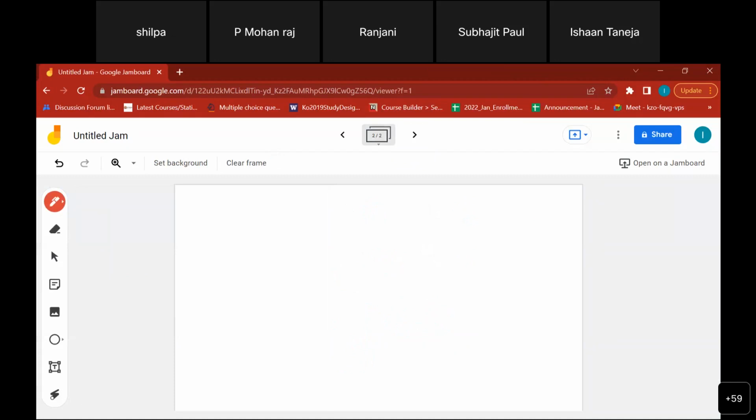Okay, consider a question. We are doing permutation, so let's take the word PERMUTATION. How many possible arrangements can you make using the alphabets in the word permutation?